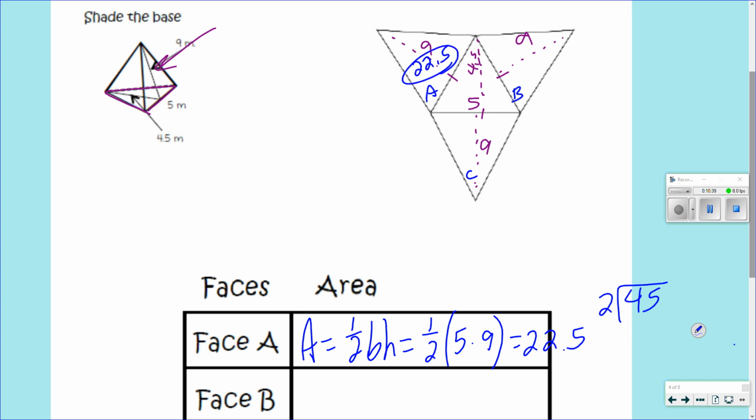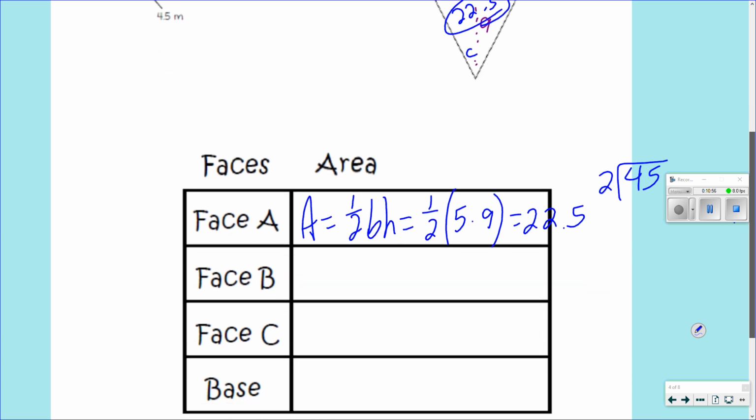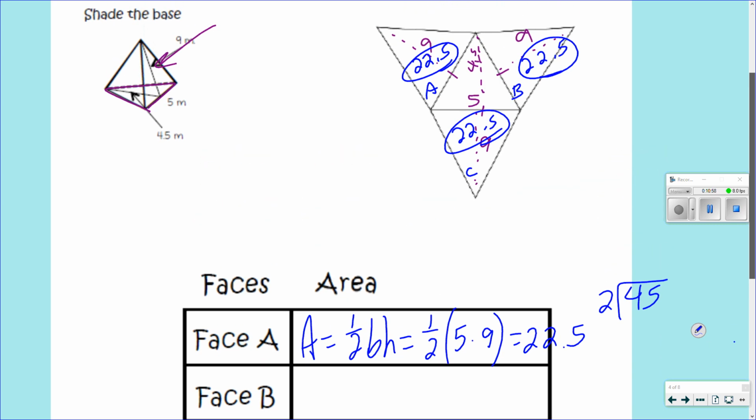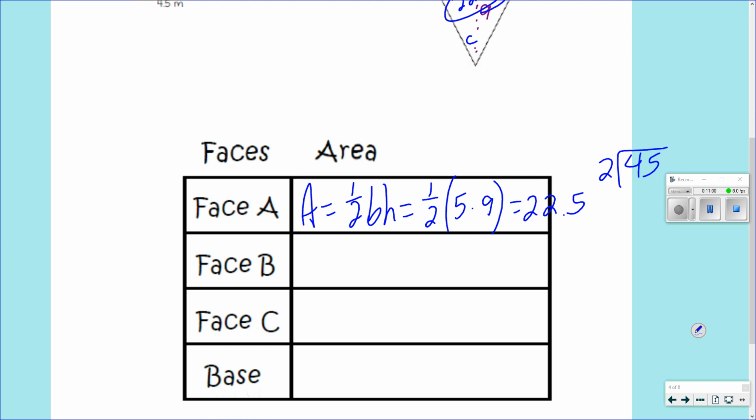If that one's 22.5, is anything else? All of them? No, the other lateral ones, good. So that would be here and here, okay? Now for the base, it was 5 times 4.5, so 1/2 BH, so 1/2 times 5 times 4.5.